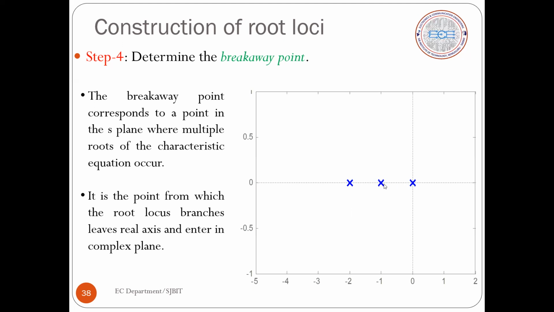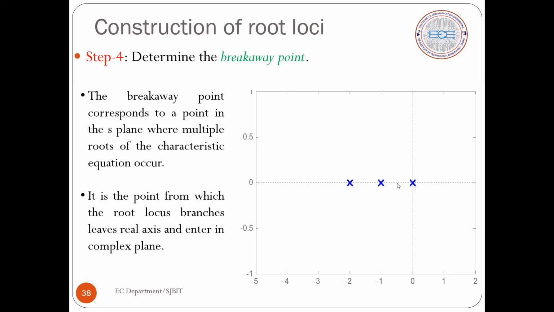So in this region root locus exists, and this is a pole, this is also a pole. Then root locus originate from this pole also, and from this pole also. Both the root locus originating from these two poles are moving in opposite directions. See here, from this pole it moves in this direction. From this pole, it moves to the left.